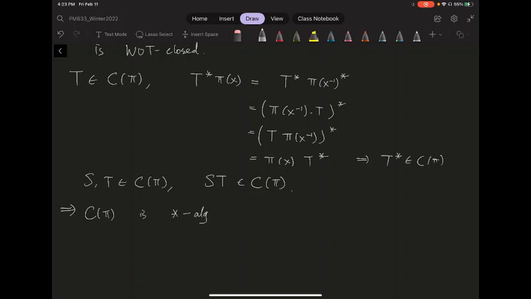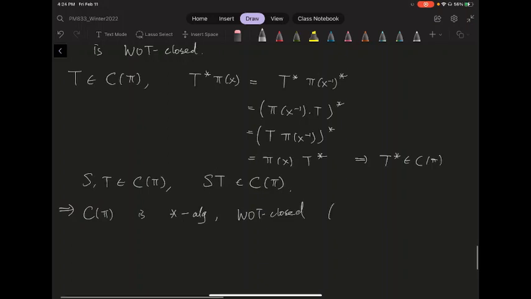The algebra means you have a linear space and you can multiply elements. And the star means once you take the adjoint, it's still in there. It's also a weak operator closed star algebra, which is essentially what we call a von Neumann algebra. So C(π), the intertwiner of π to itself, is always a von Neumann algebra.